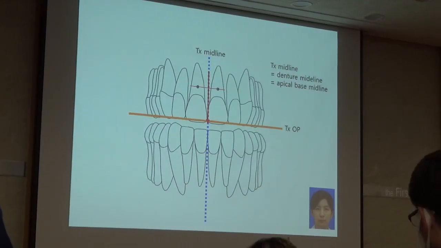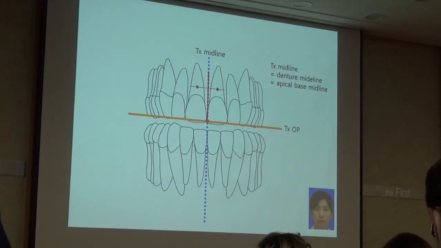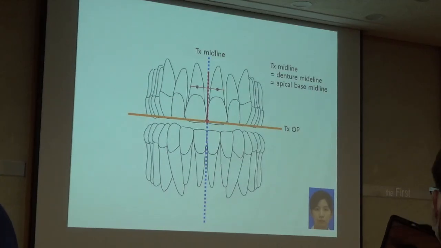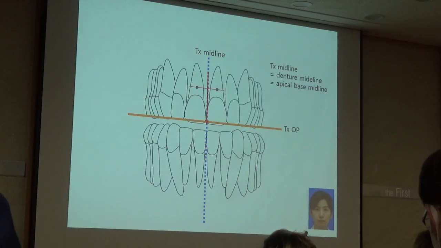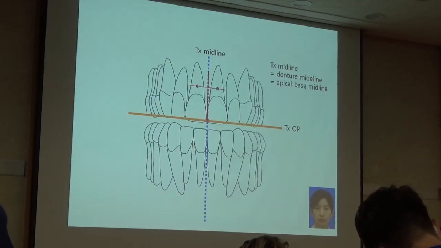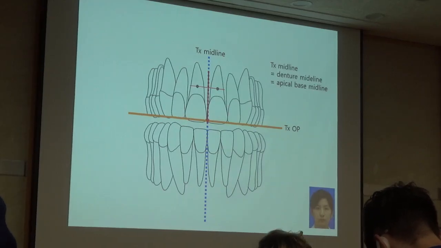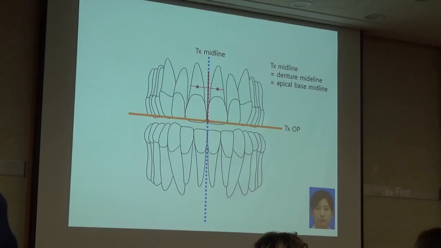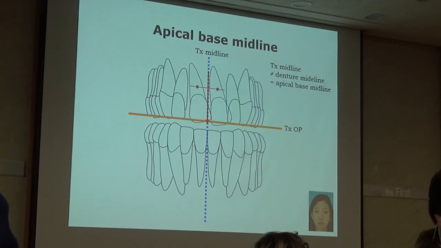So try to assess the midline at the start without exception, whether it's a grower, non-grower, or surgical. And day after tomorrow, I will explain the way how you assess midline in surgical cases. That's important. What do you think about the midline?